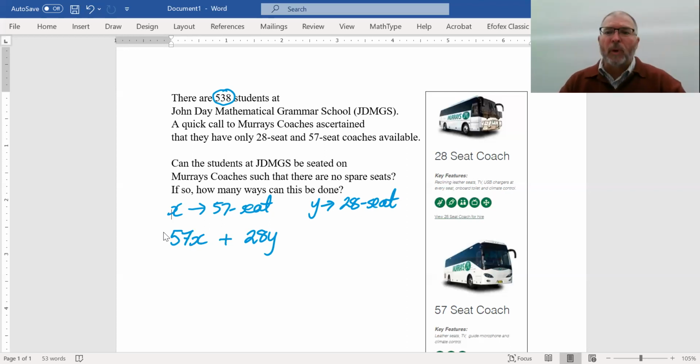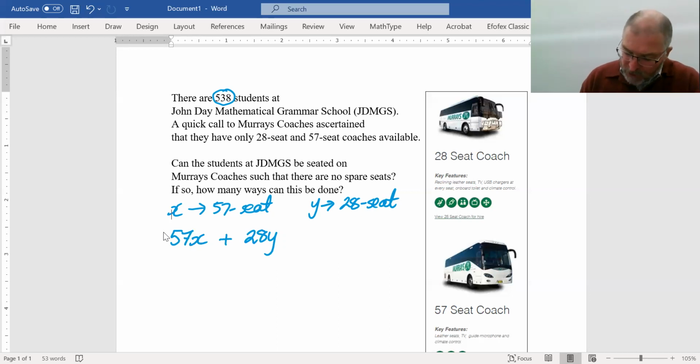So Y lots of 28 students are seated on those 28-seater buses. So I write 28Y. If it turned out that there were only 56 students seated on the 28-seater buses, well, Y must be 2.